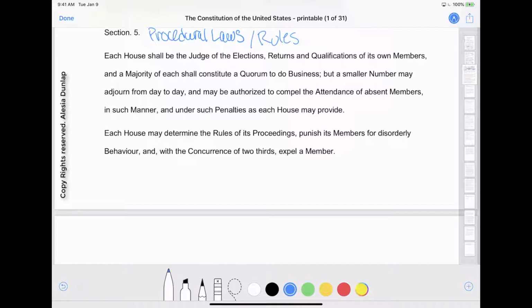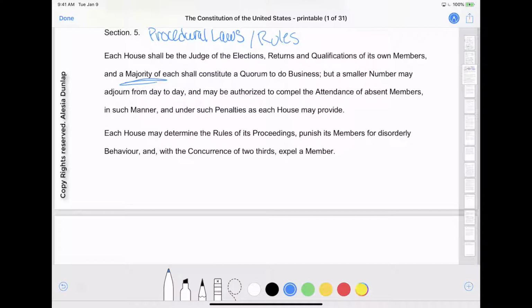In regards to passing laws, a majority of a quorum must be present. However, there are some instances where a member might be absent, that could include maybe because of a hearing of a subcommittee that the member might be on.